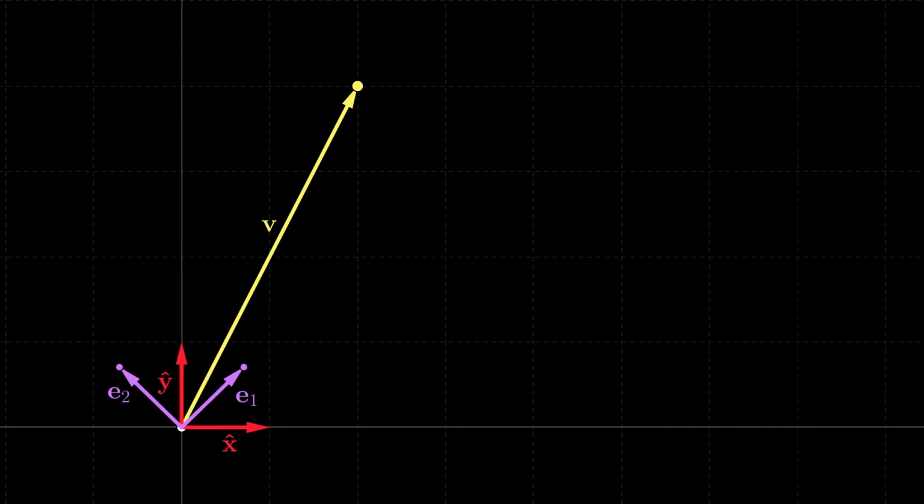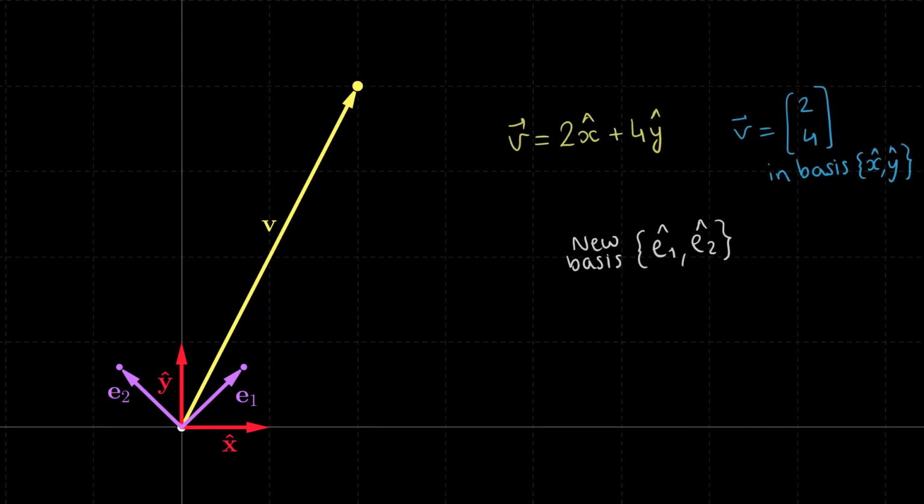This would be very difficult, but we are lucky, because this happens to be an orthonormal basis. The two vectors, e1 and e2, are orthogonal to each other, and they both have unit length. In this example, they are given by e1 equals (x hat plus y hat) over square root of 2, and e2 equals (minus x hat plus y hat) over square root of 2. Check for yourself that this basis is orthonormal.